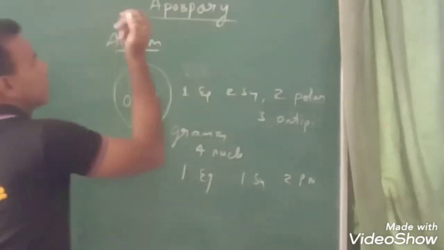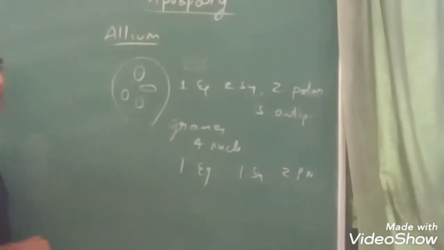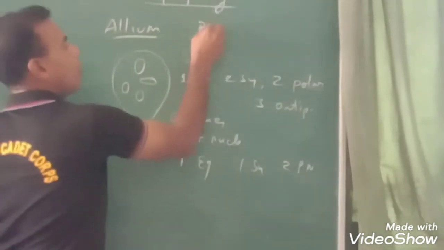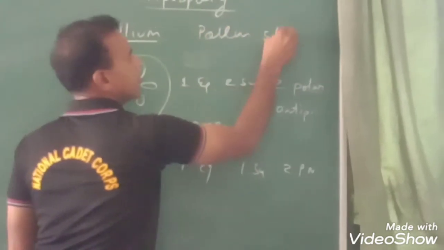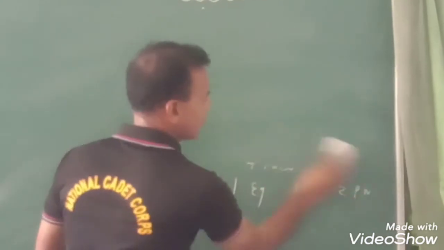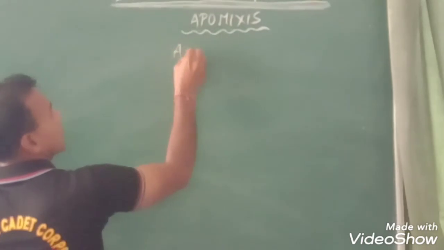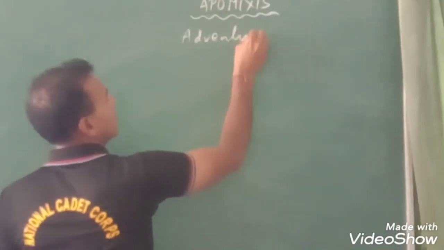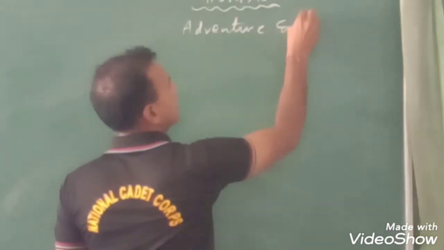For development of aposporic type of embryo sacs, pollen stimulus may be required. Now coming to the next type of apomixis, which is known as adventive embryony.